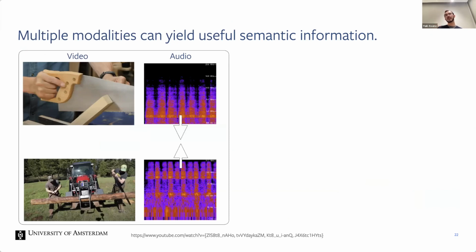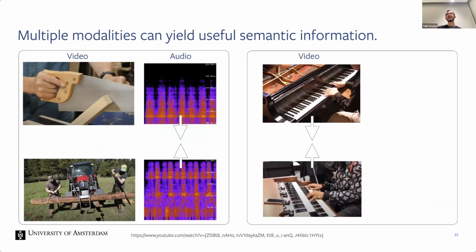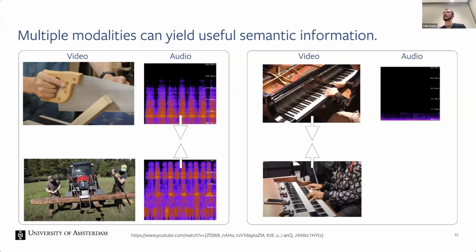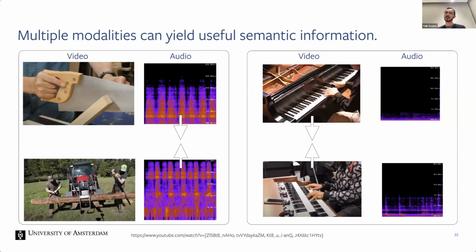So you can use this similarity to learn that the images are also the same. Similarly, you can do it when the visuals are the same, in this case very particular piano keys, and two different sounds, like a classic piano and a very hip e-piano. You can use it vice versa, to use these as learning signals.